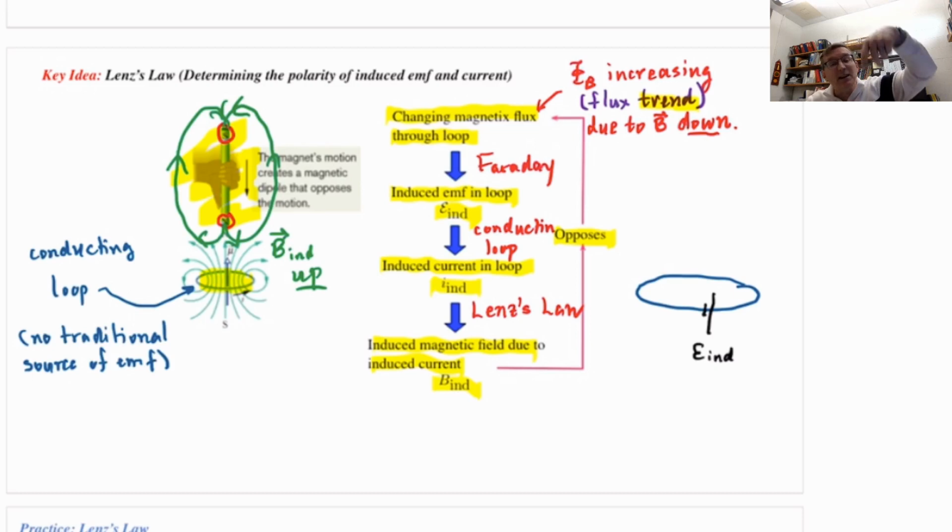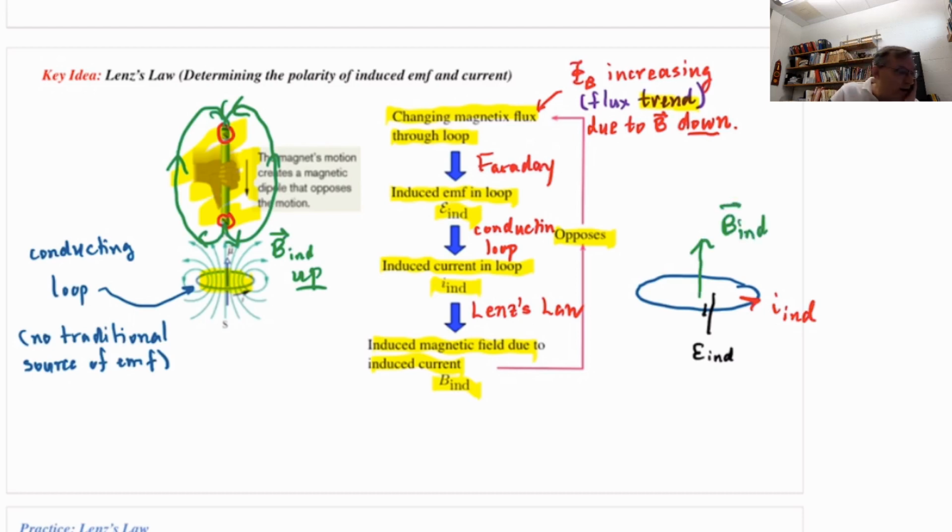So to try to cancel out that increase in the flux, I need the B induced to be opposite to the original B, which is up. But to get a B induced up, just from the special right-hand rule, I need an I induced in the conducting loop going around counterclockwise when viewed from above, like that. And then that will give me a B induced up.